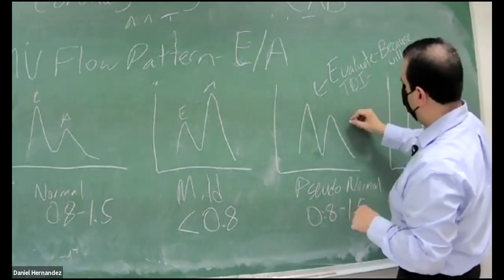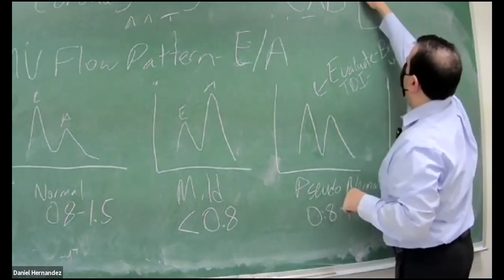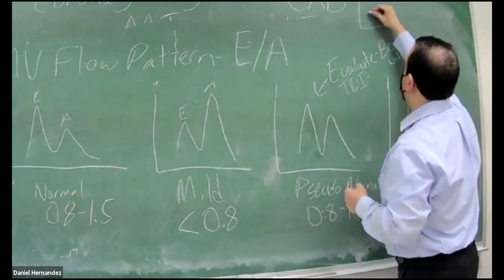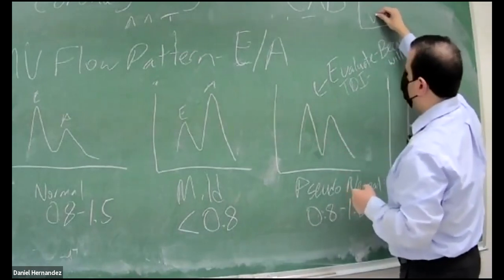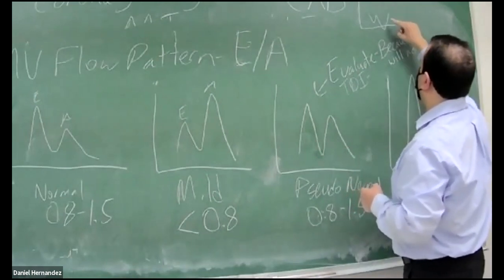With normal, our tissue Doppler would be the inverse of this, so we'd expect to see a small E and a bigger A on our tissue Doppler.